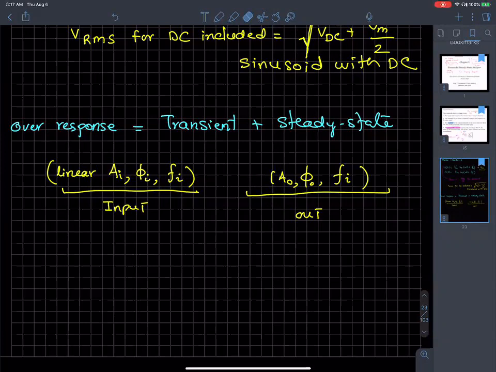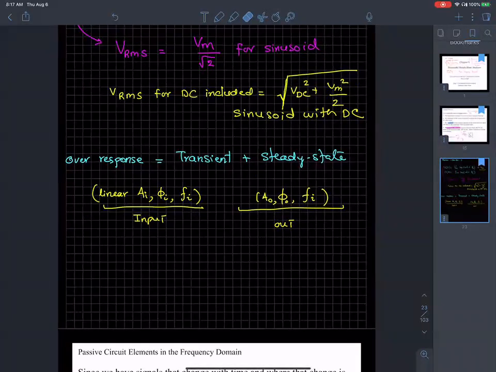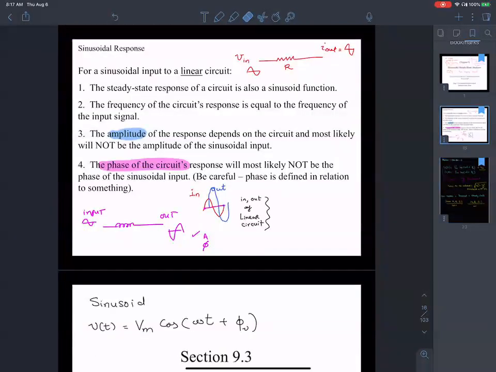So that's my way of representing that what changes between input and output is the amplitude and the phase, but not the frequency. That's one of the summary points I want to highlight. Now let's go back and see what else we can do.